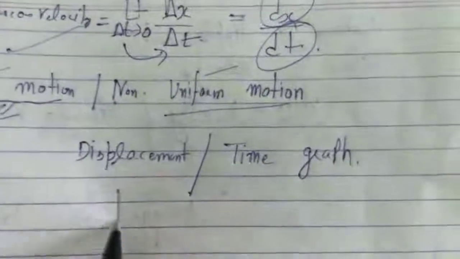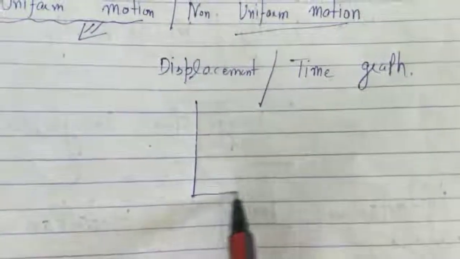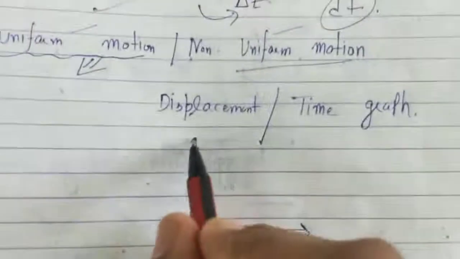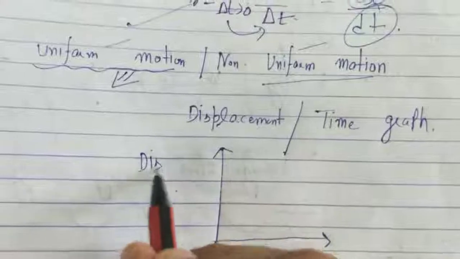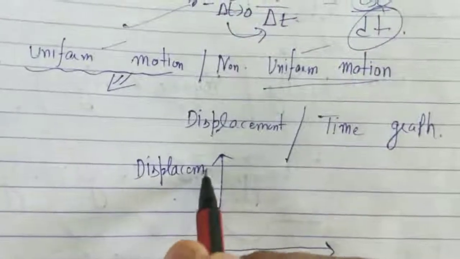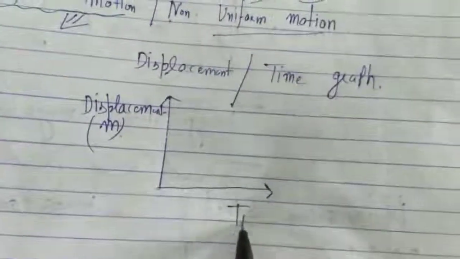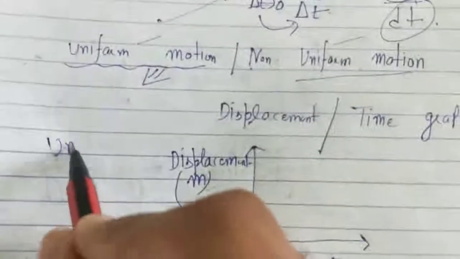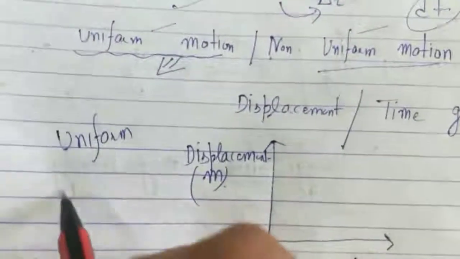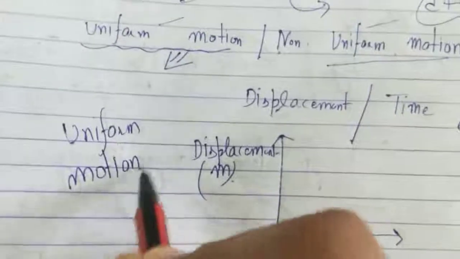Suppose on this side we are covering displacement, in meters, and on this side we are covering time. We are drawing this displacement time graph for uniform motion.